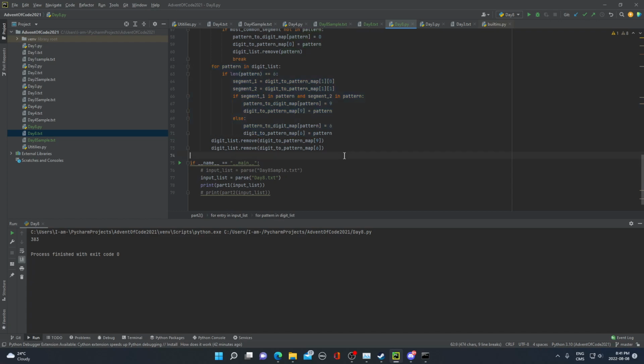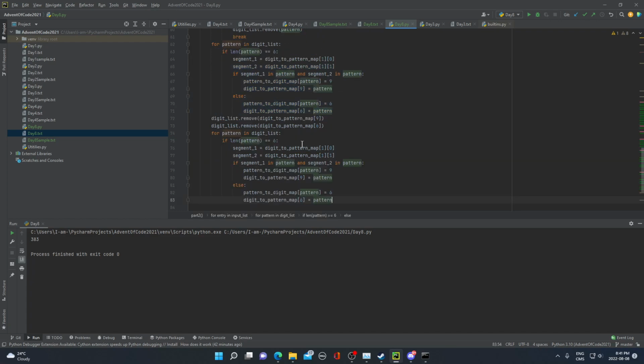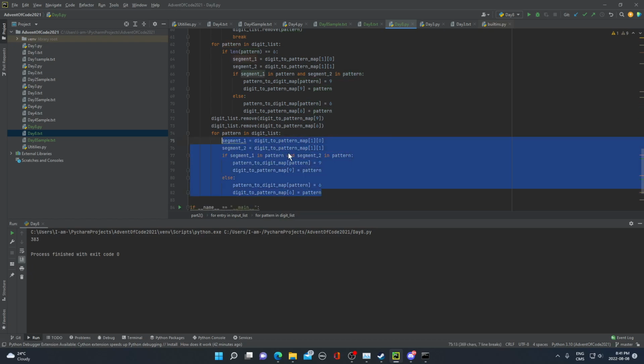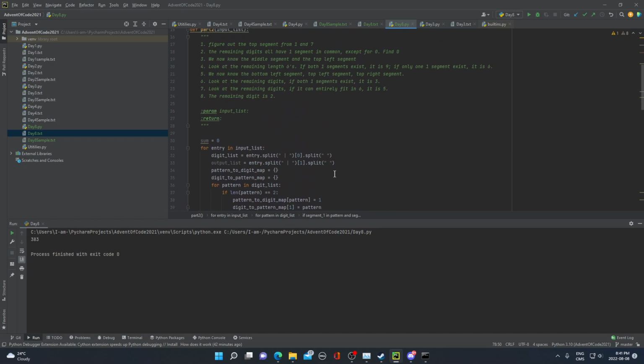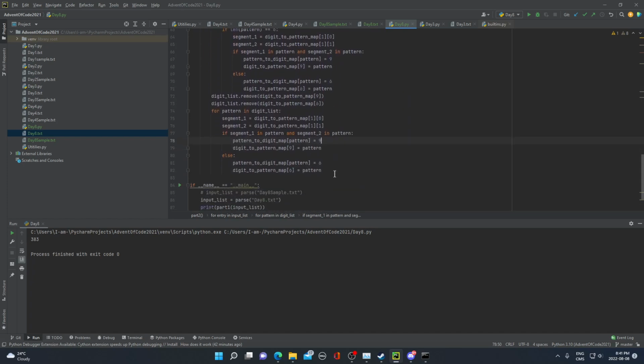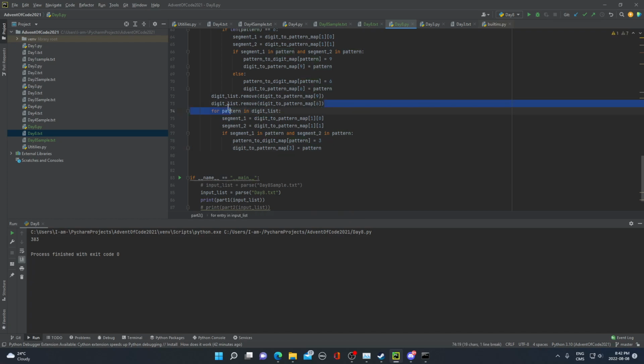Look at the remaining digits. Don't need the length anymore because we know the length is 5. Both exist. It is a 3. And we can remove the 3. Oh, we can just remove the pattern here.